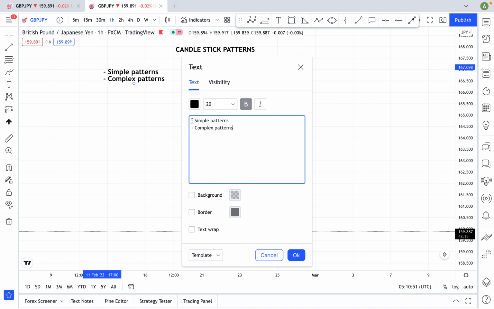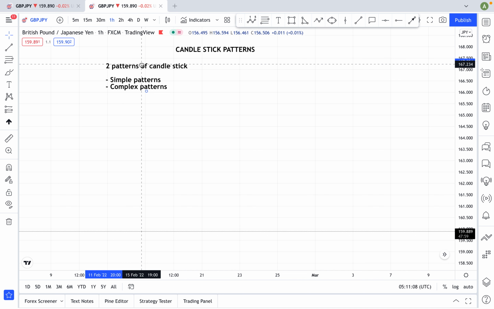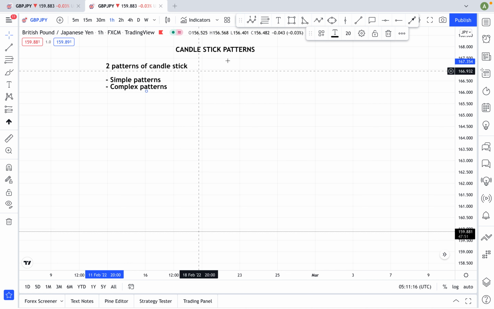So two patterns of candlestick. Inside of these simple patterns, we have several types of them, and the complex patterns as well. You have several types of them as well.